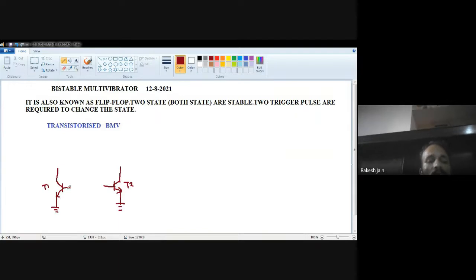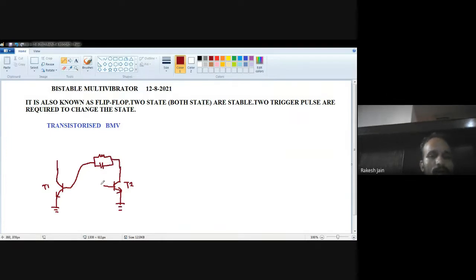Now the base of the first transistor is connected to the collector of the other transistor via a parallel combination of a resistor and a capacitor. Like this we use cross coupling. And the base of the second transistor is also connected with the collector of the first transistor via a parallel combination of resistor and capacitor.